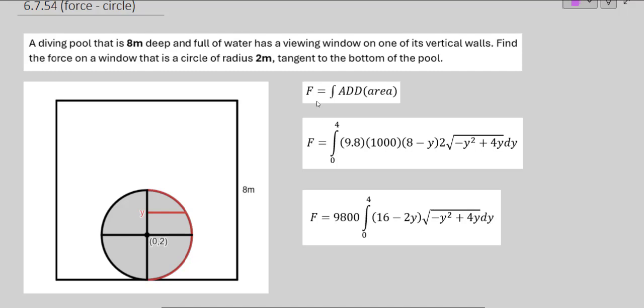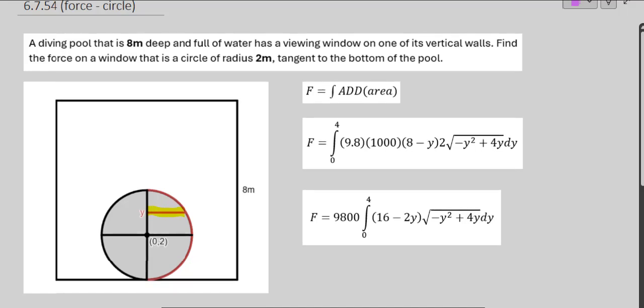The integral that we use for force is ADD area: acceleration, density, distance or depth. And if we have a representative element here, so that's right there, there's our representative element.